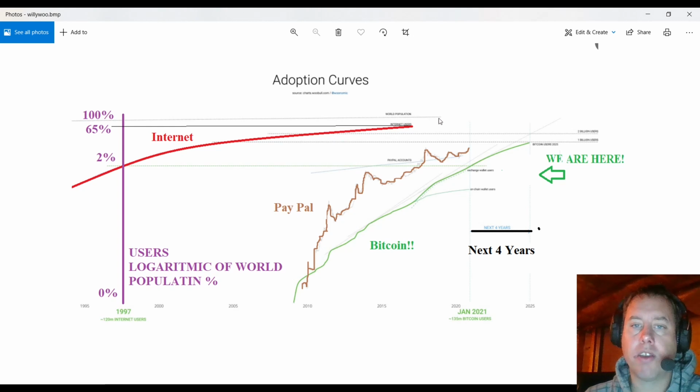The more internet users we have, the more PayPal users we have. The more PayPal users we have, or internet users we have, the more Bitcoin exchange wallets or on-chain wallets there will be. So, Bitcoin is growing at a rate which is going to take us to a number in 2025 that we cannot even begin to imagine.